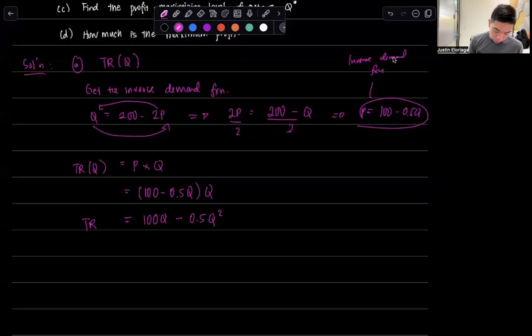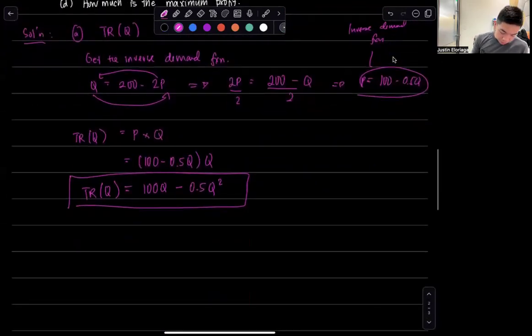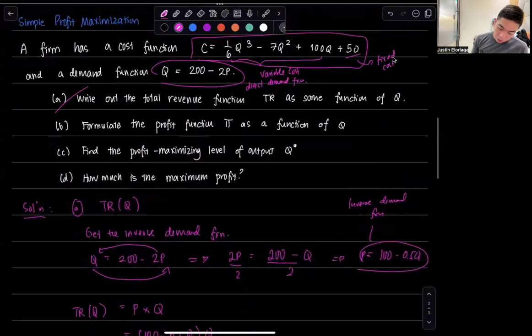This is our total revenue function. So simple, nothing too fancy. That answers A.